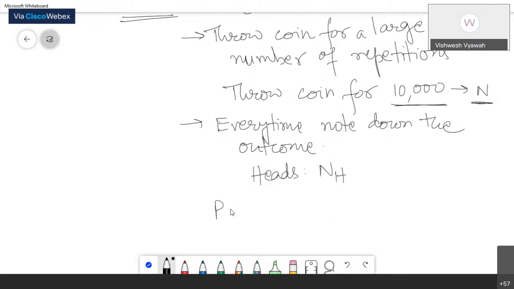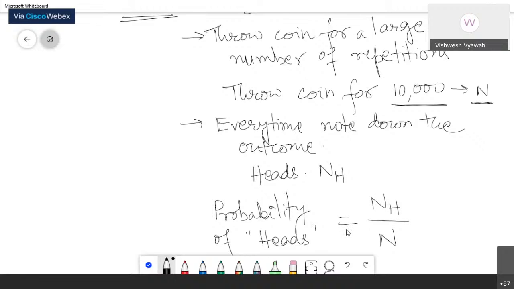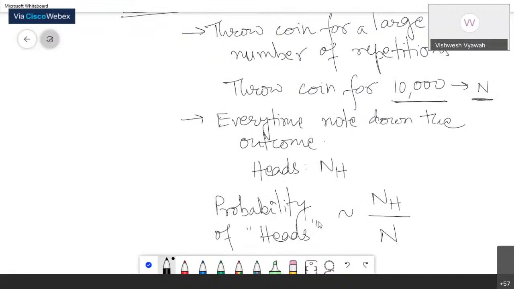Now, probability. This is a frequency based thing. Probability of heads is equal to nh by n, or I should be more careful and say it will approach nh by n.